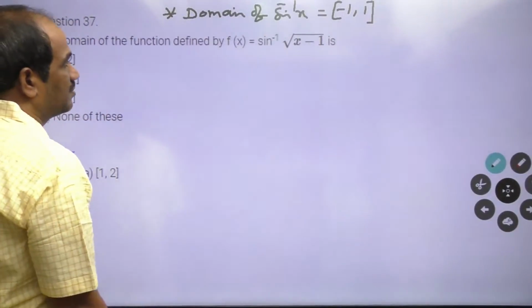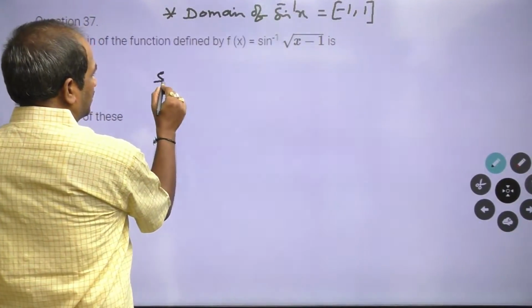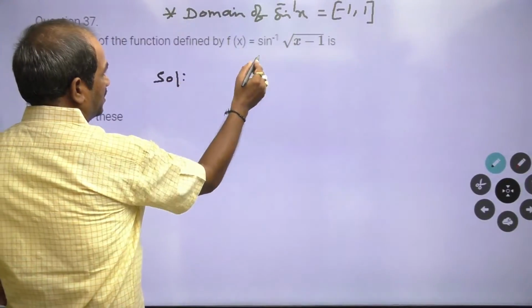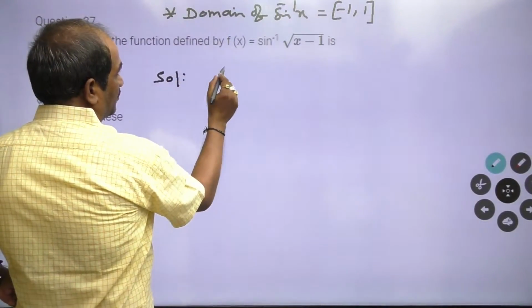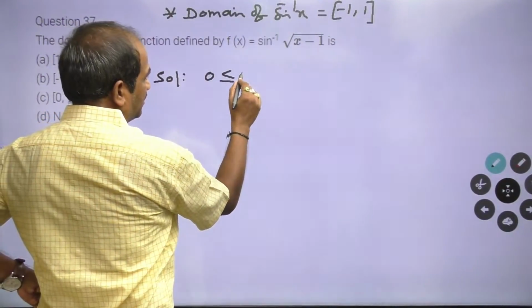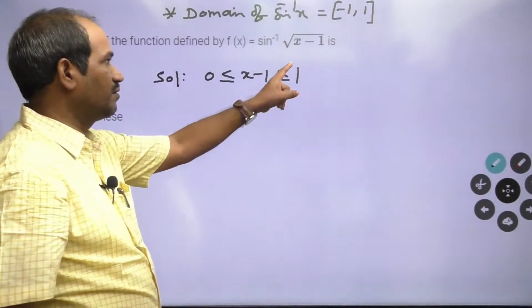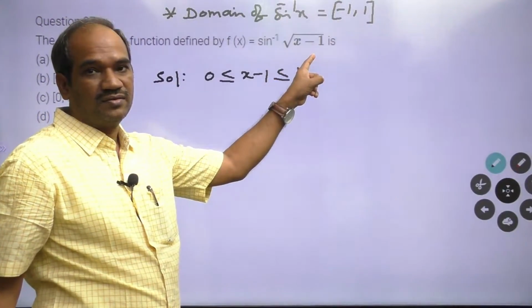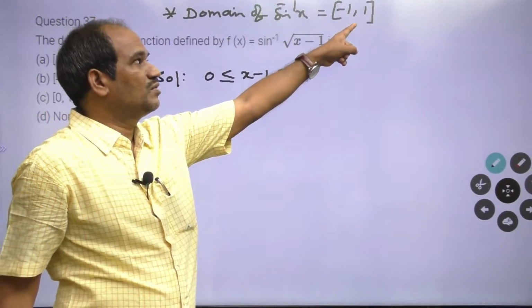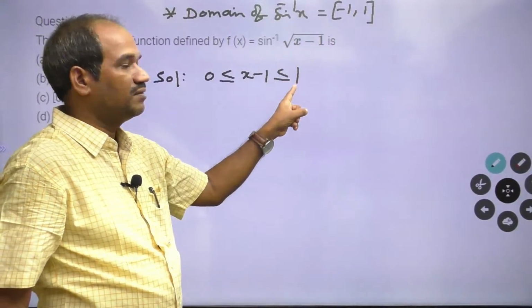So in the solution, 0 is less than or equal to x minus 1 is less than or equal to 1. The square root value is 0 or greater than 0, so in that interval 0 to 1 only, positive value.